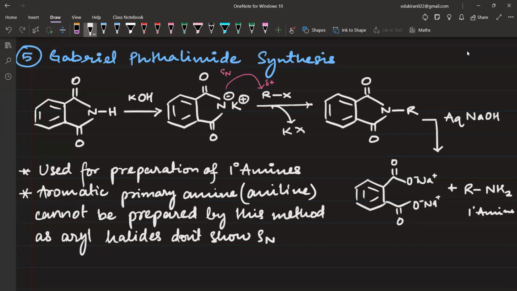Since we are using haloalkanes, which show SN, we get only 1 degree aliphatic amines. 1 degree aromatic amines cannot be formed, because for aromatic amines we need aryl halide, and aryl halide will not show SN. Okay, write this point.